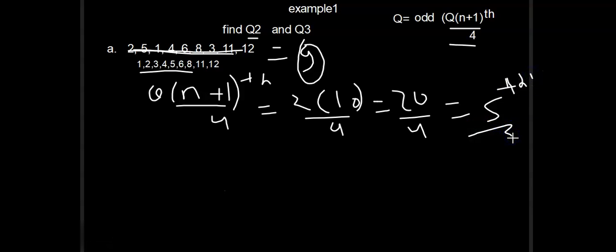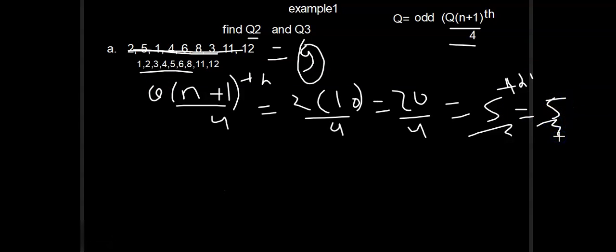So let me go to the fifth term, and that would be my answer. Your answer comes from the arranged data. So it's 1, 2, 3, 4, and 5. My answer is 5 itself.